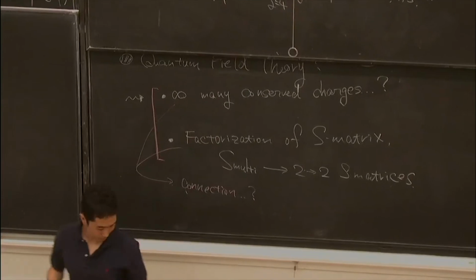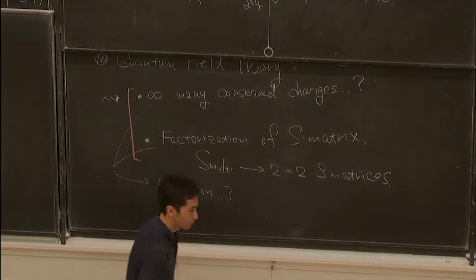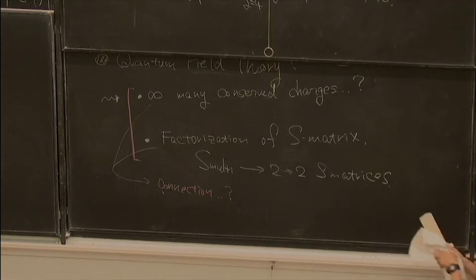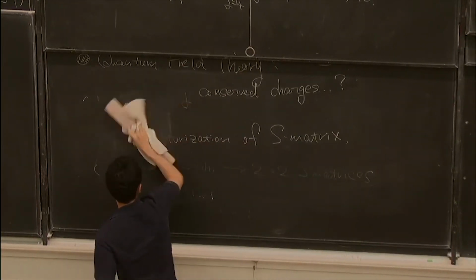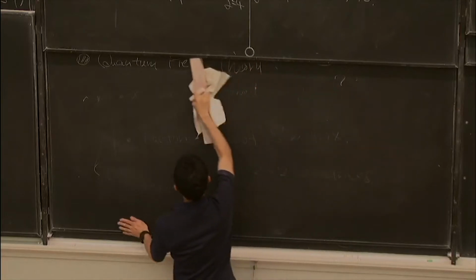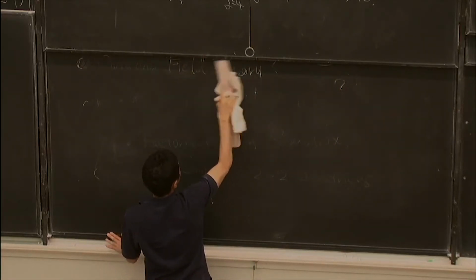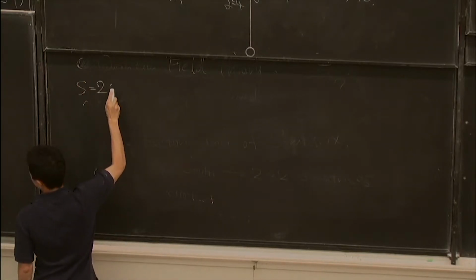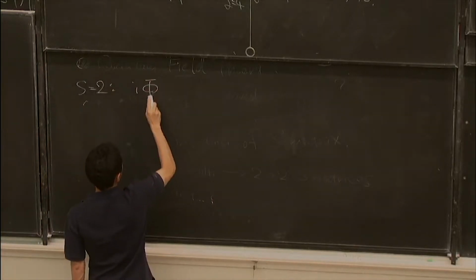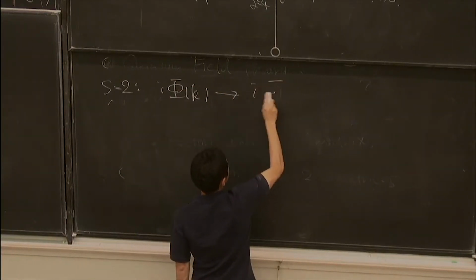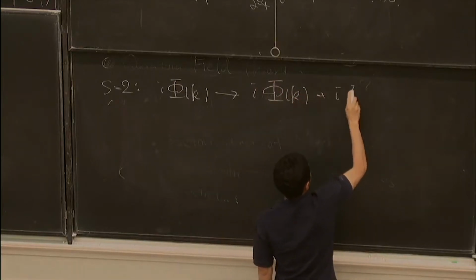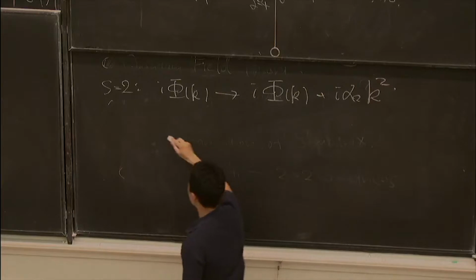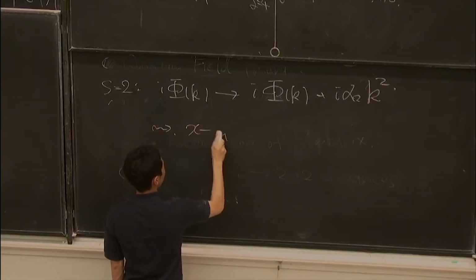Now I can also do the same exercise for s equals 2. For s equals 2, what you get is also simple. You get this kind of phase shift. Phi k goes to i phi k plus i alpha 2 k squared, which basically changes the peak in this way.